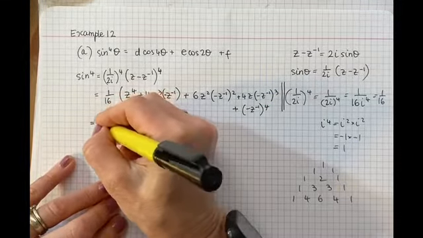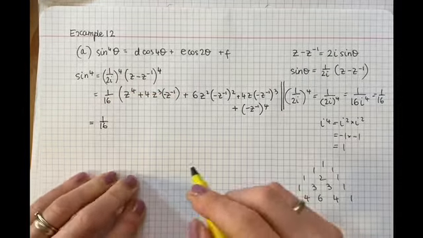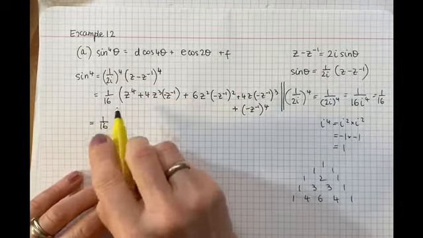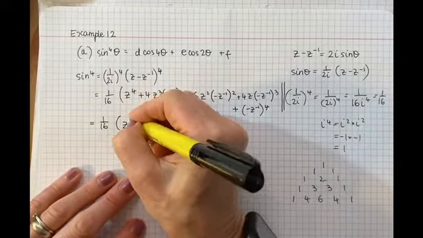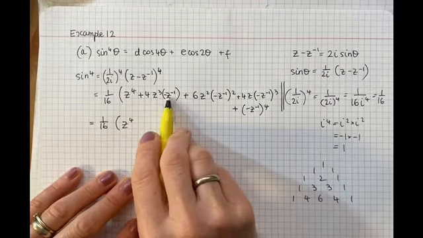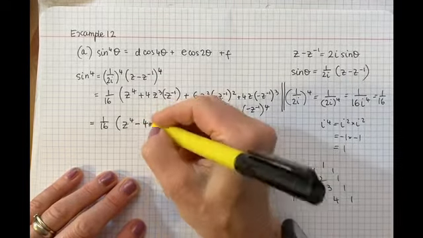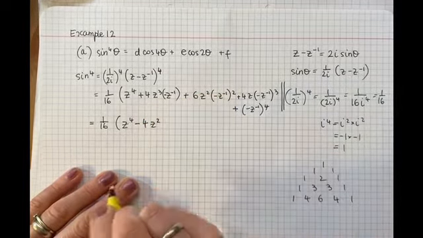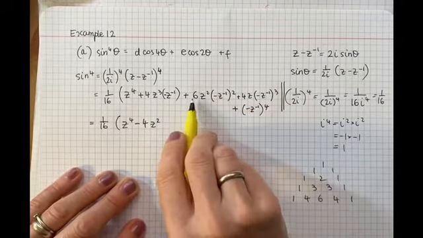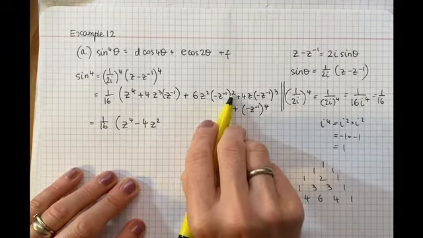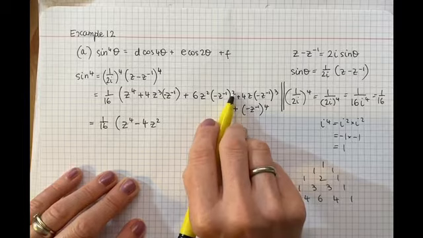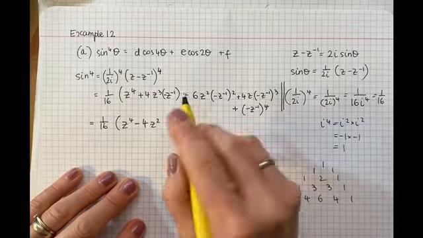Okay, next step, we're going to tidy up each term in our expansion. So it's z to the power of 4. Here you've got positive times negative, so it's going to be negative 4. 3 minus 1, you get the power of z squared. Over here you've got minus 1 raised to the power of 2, so that will stay as 1, so it's positive.